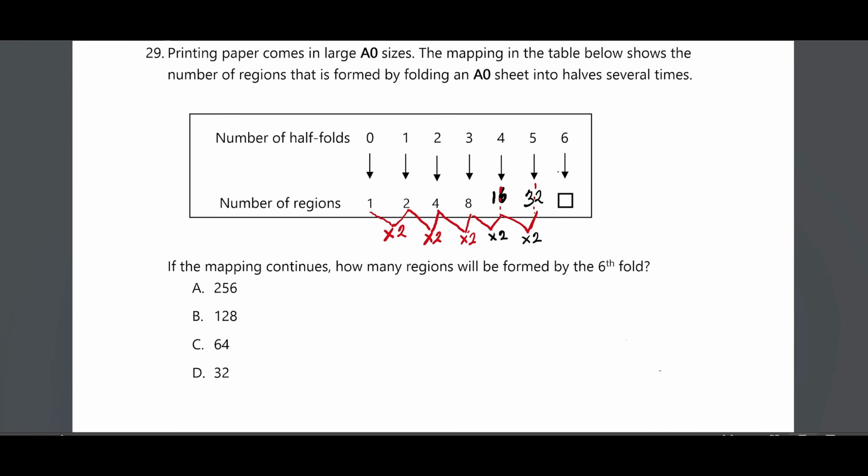And then finally, to the seventh fold, to increase by a multiple of 2, so times 2. We know that 32 times 2, we have 64. So 64 will be here. So the answer is C.